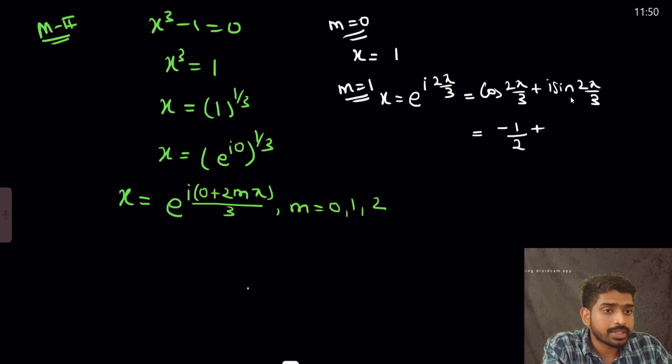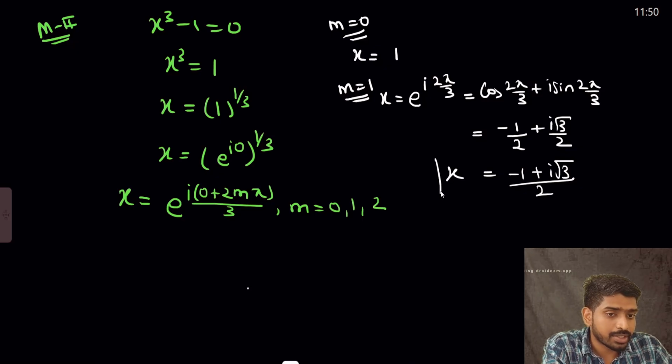For 120 degree, sine will give a positive value. It will be root 3 by 2. Taking 2 as LCM in the denominator, in the numerator I'll get minus 1 plus iota root 3. So this value of x is known as omega.